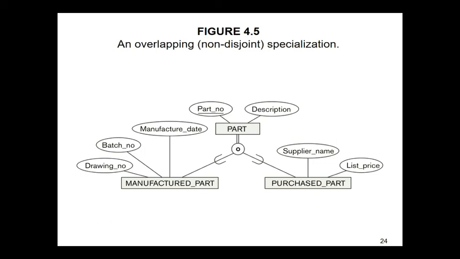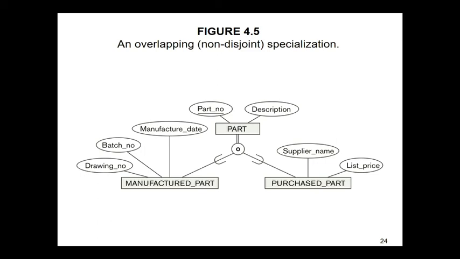Because what do you know at the part level? We know that it can't be a manufactured part or a purchased part unless the part exists. Every part has a part number and it has a part description. Now, there's three pieces of data over on the manufactured side, and we have the purchased part, and we have two of them.